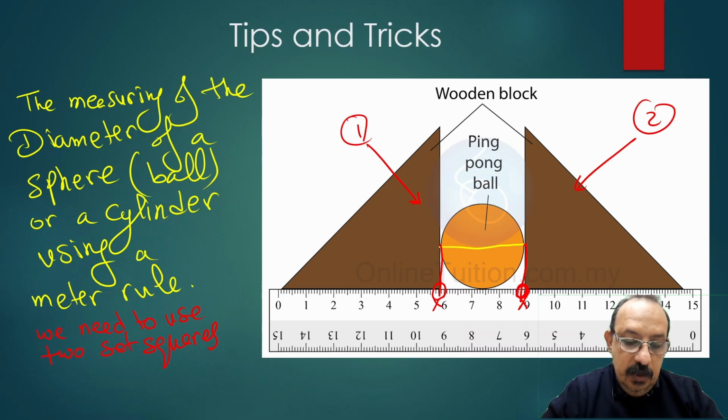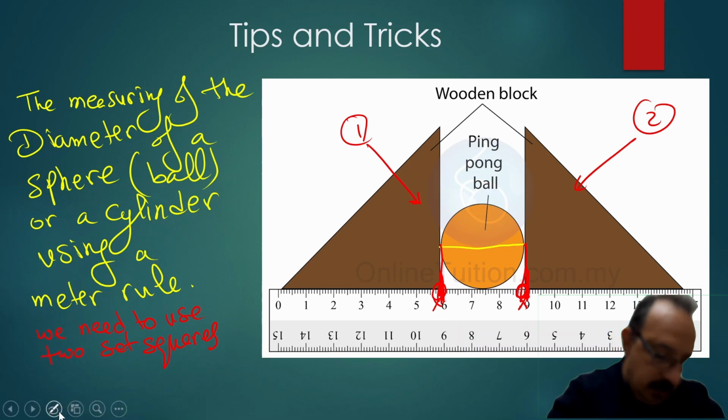What I'm going to do, I'm going to squeeze the ball between the two set squares, and then try to measure the diameter of the sphere or the cylinder. With the help of the parallel sides of the set squares, I'm going to take a good measurement on the meter rule.